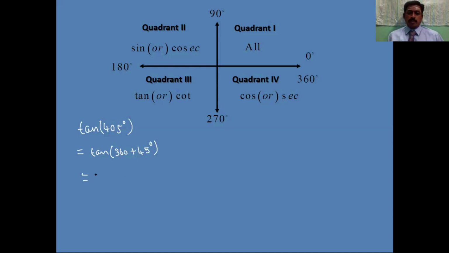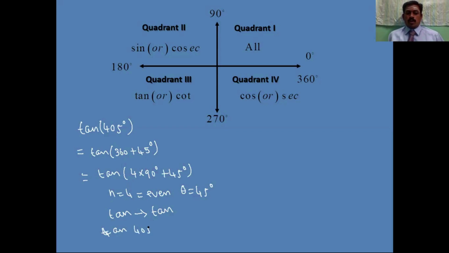This 360 can be written as 4 into 90 degree, so tan of 4 into 90 degree plus 45 degree. Here n equals 4, that is even, and your theta value is 45 degree. N is even, so you should not change the trigonometric ratio. So tan can be converted into tan only. So tan of 405 degree equals tan 45.